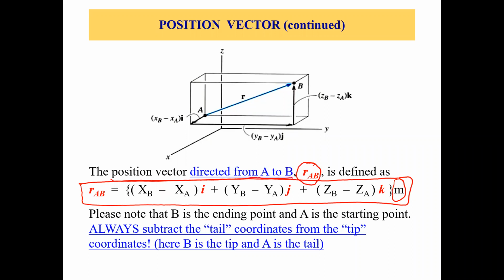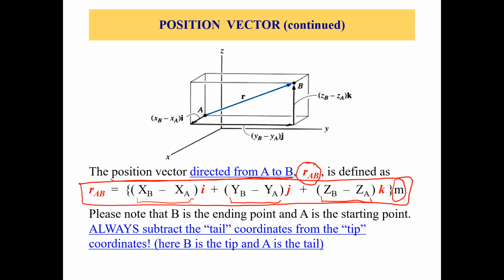We already know that we always subtract the tail coordinates from the tip coordinates, as we said, that tip to tail rule. So tip minus tail, B minus A. That's why we have XB minus XA, YB minus YA, and ZB minus ZA, along with IJK, which gives us the Cartesian vector form.